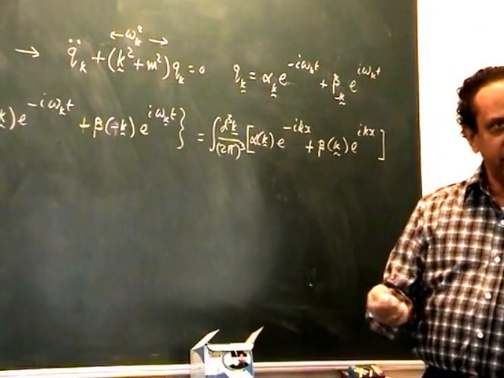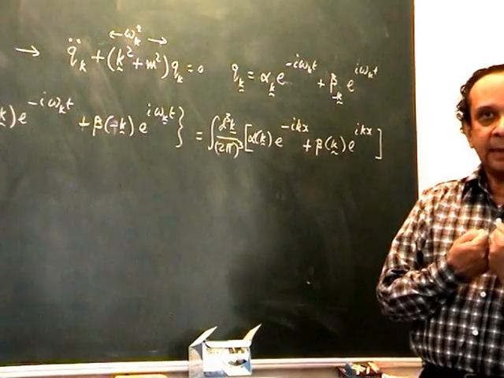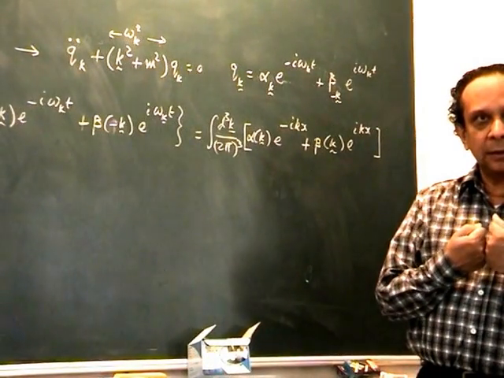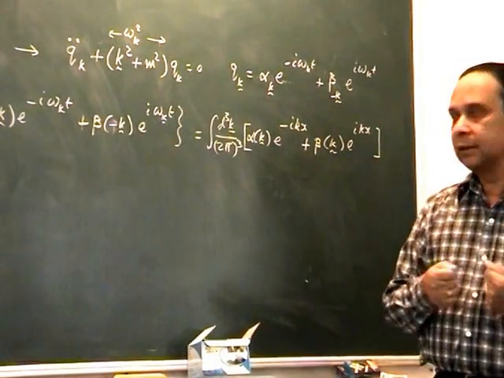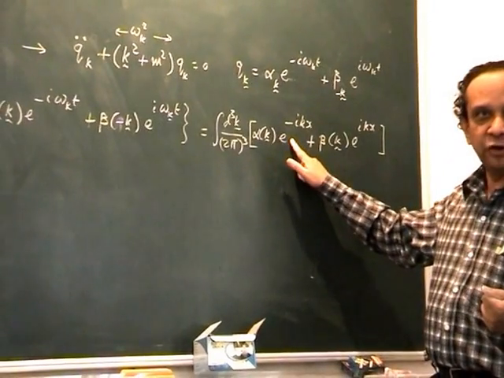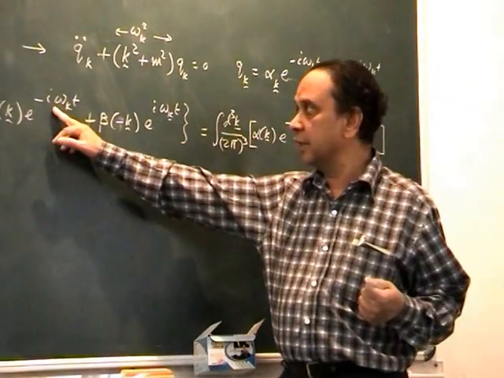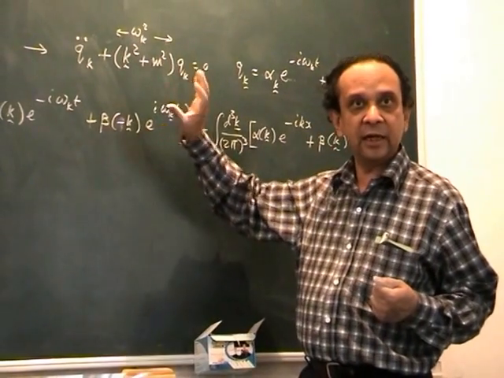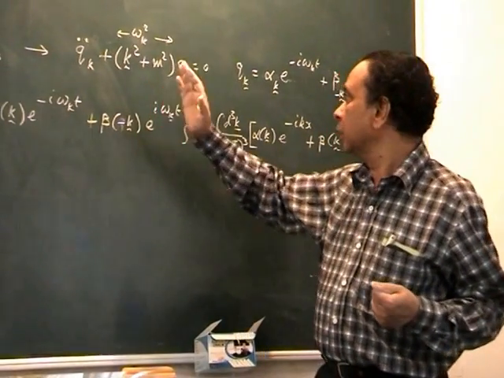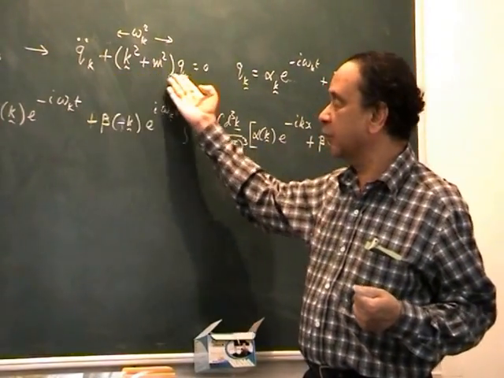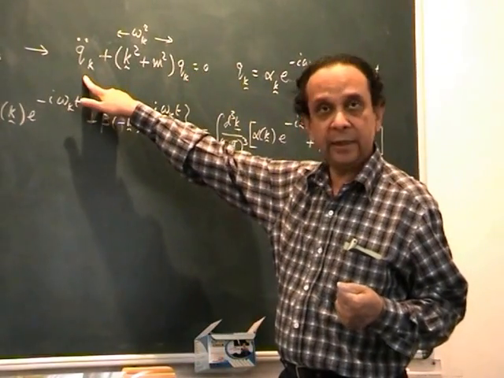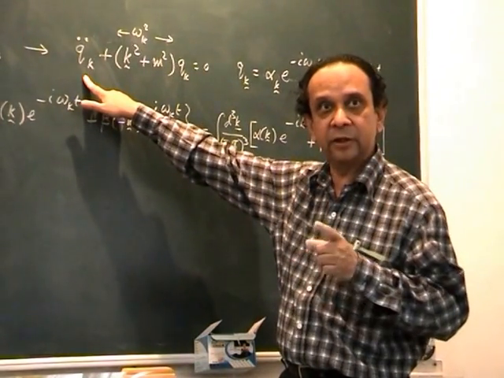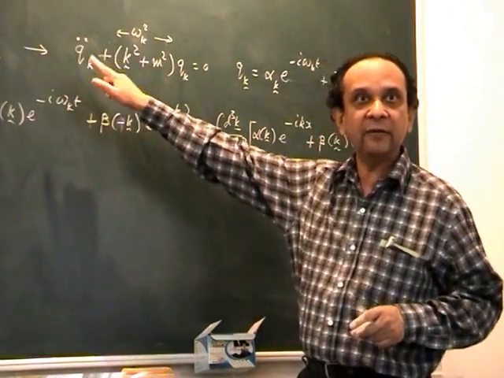These are running waves, and in normal language, I would have thought of this as positive energy solution. These are the positive energy solutions, and these are the negative energy solutions, because omega k comes with a flipped sign. So you will have this equation which has a second order in time. If you did the same thing with Schrodinger equation, you will only get first order in time.